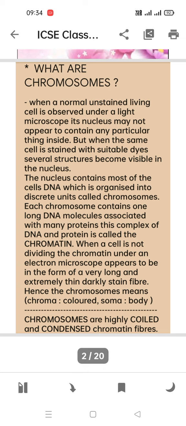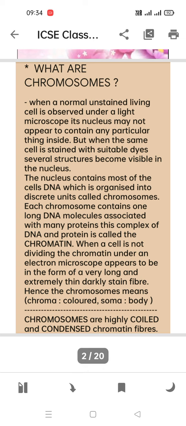Why? Because unstained things cannot be observed by the light microscope. The nucleus may not appear because it is unstained, not colored. But when you stain it with some dye or color, you can see the function, the structure and even the minute structure inside the nucleus.